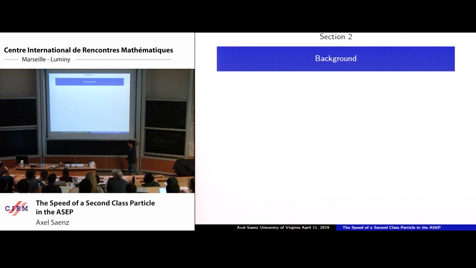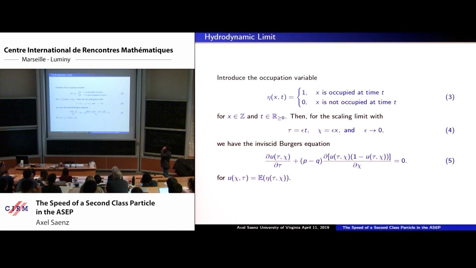So the plan now is to go through the background so that we can have a better interpretation of why we should expect that result, why it's natural. The connection that I'm alluding to is to Burgers' equation. If we look at the ASEP in the hydrodynamic limit, the density function for the process is going to obey a Burgers' equation.